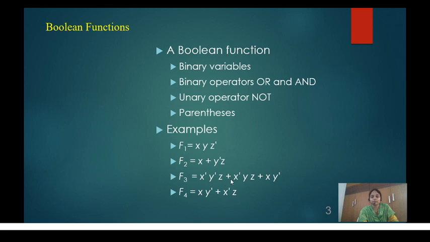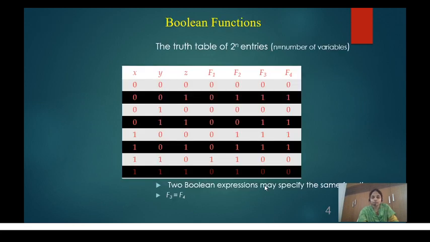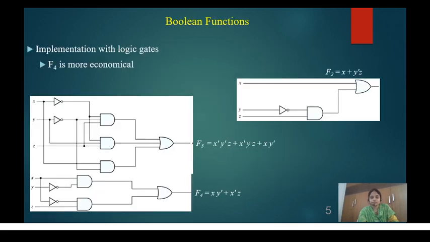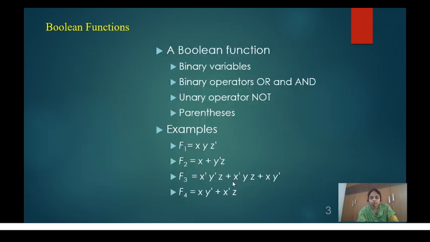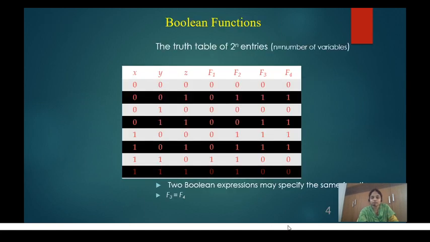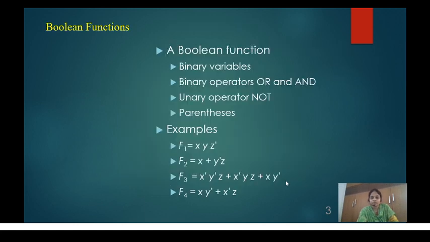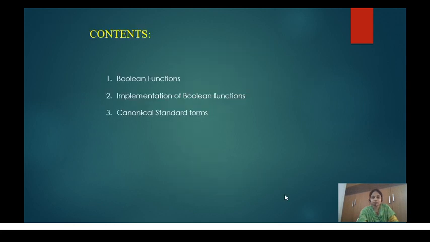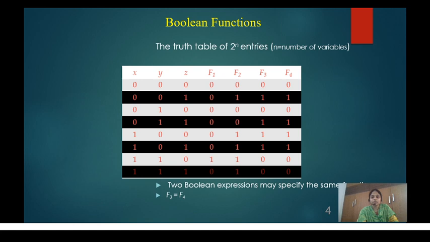So 0, 0, 1 can be represented by 1. Next, x complement yz, that is 0, 1, 1, represents 1. Mark the 0, 1, 1 combination as 1. Next, x y dash. In a similar way you have to find out the values by using the truth tables.